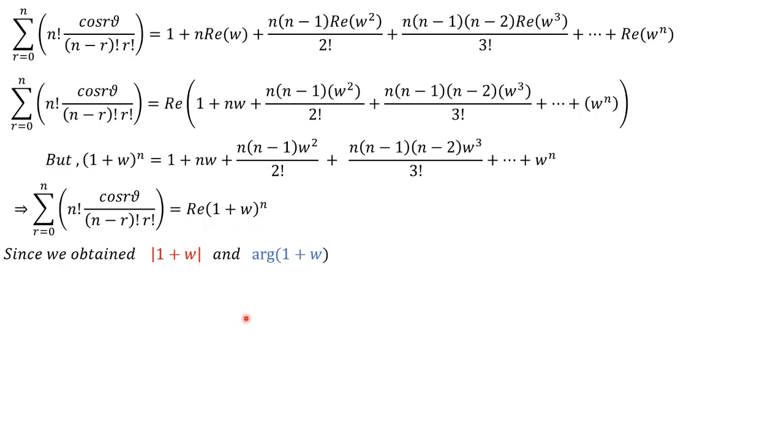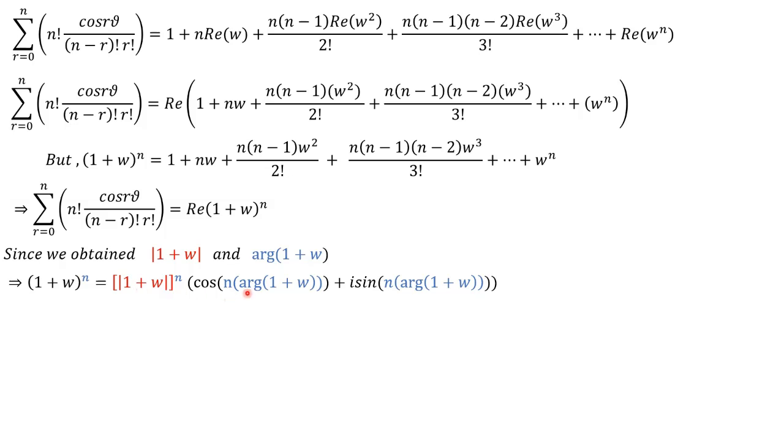Having those answers, because recall, we had this modulus and this argument. Now, 1 plus omega is a complex number, and we want 1 plus omega raised to the power n, so we can apply the De Moivre theorem here as well, where r corresponds to the modulus of the complex number 1 plus omega.